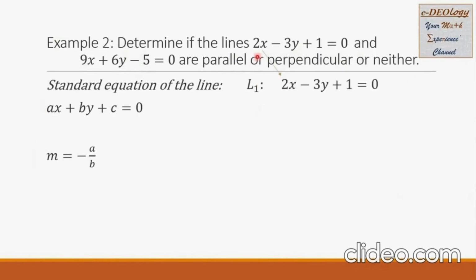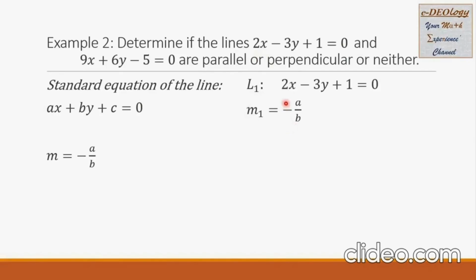I assigned the first line, the 2x minus 3y plus 1 equals 0. Then we will compute for the slope. In line 1, the slope will be m sub 1, and our formula is here. Then we will now collect the values.